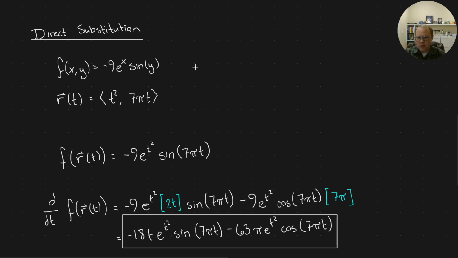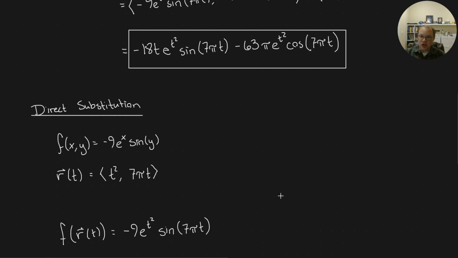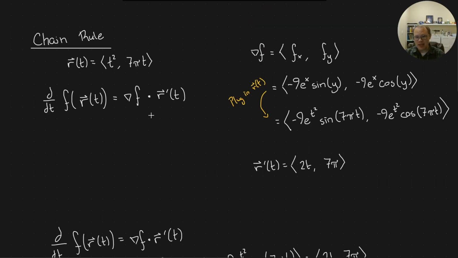Very rarely will we use the chain rule to take a derivative of a problem like this. If we have a problem like this, we will usually use the direct substitution method. The chain rule is still an important technique, but it is usually a technique that we use to develop the theory.